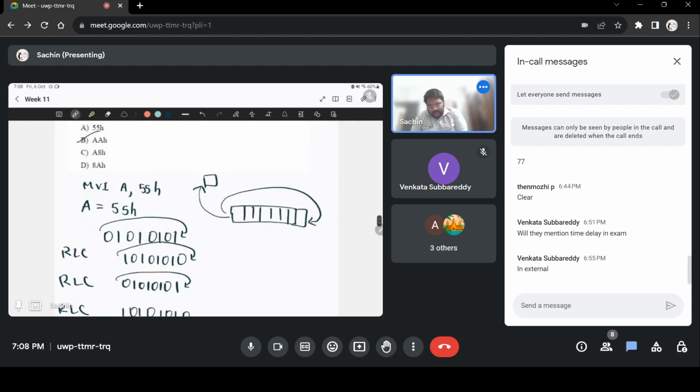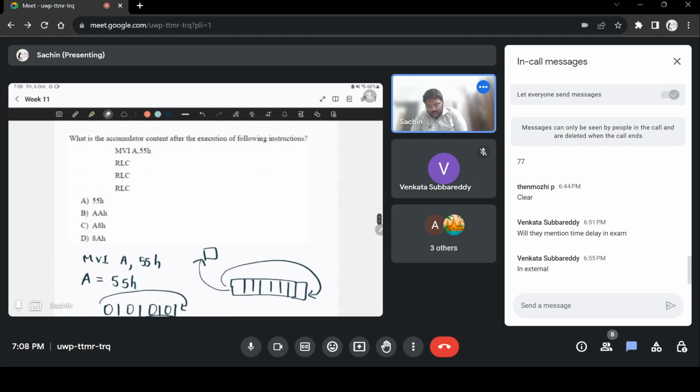Any doubts? MVI, move immediate data, means that whatever number is given is moved into the register. It can be other registers also.